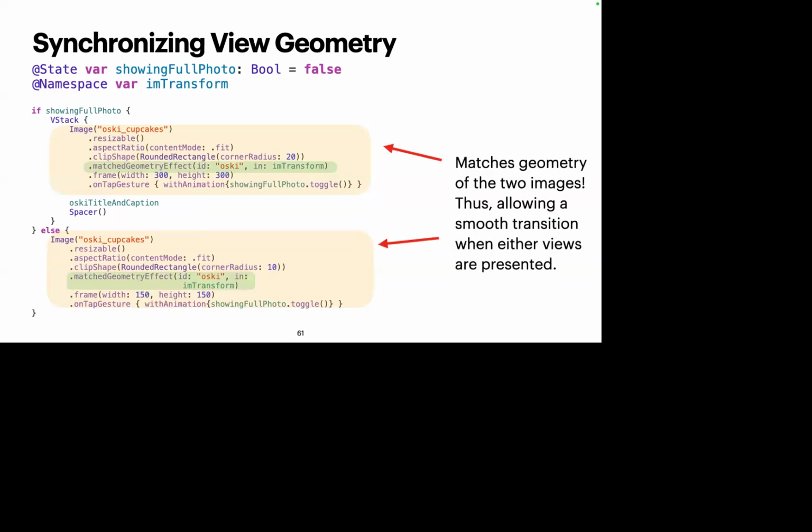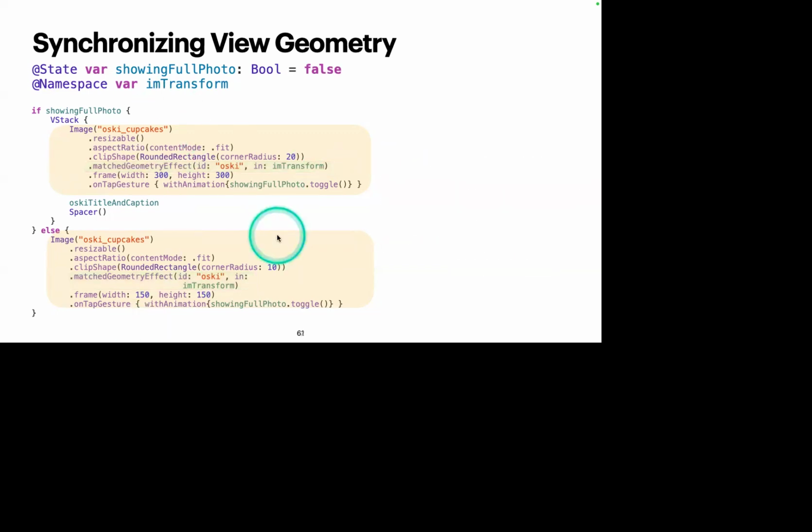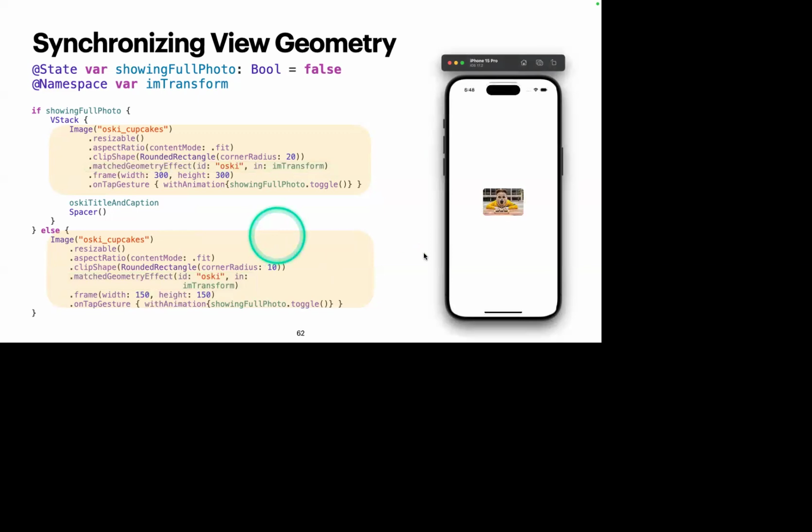So match geometry matches the geometry of these two images, allowing a smooth transition whenever this view is presented or this view, or vice versa. And again, this is what it looks like, right? This right here is we're showing this view right here.